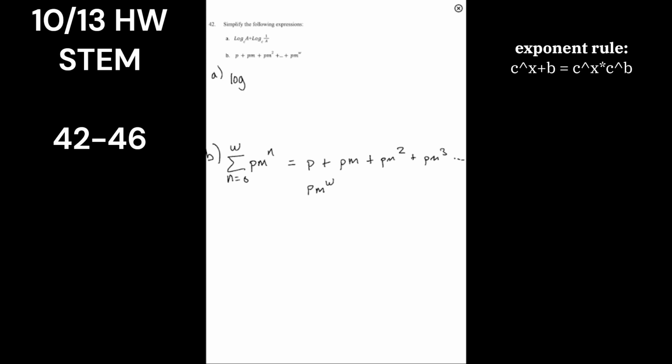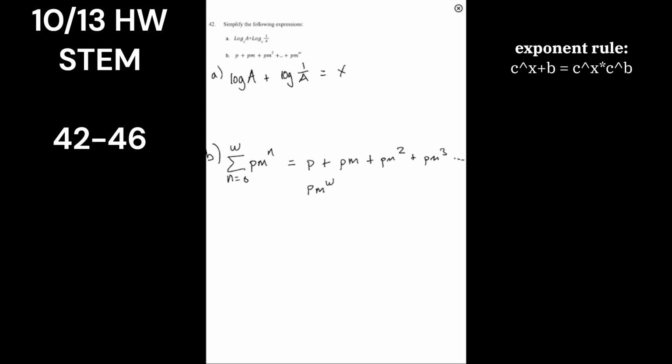Log of A, since the base is C, we'll just assume C is 10. So log A plus log 1 over A equals, let's just say this is some x. Let's raise this to the 10. So then the 10 to the log base 10 should cancel.